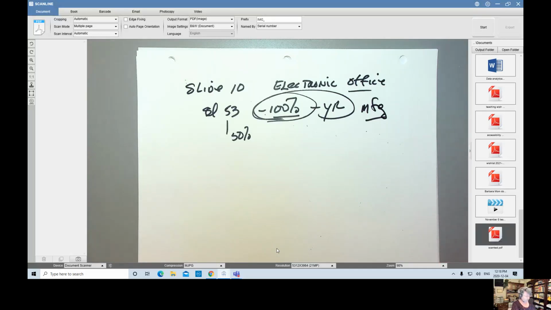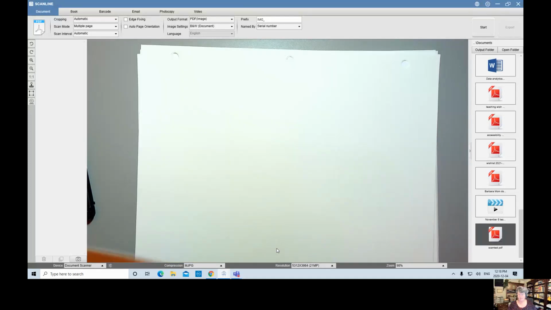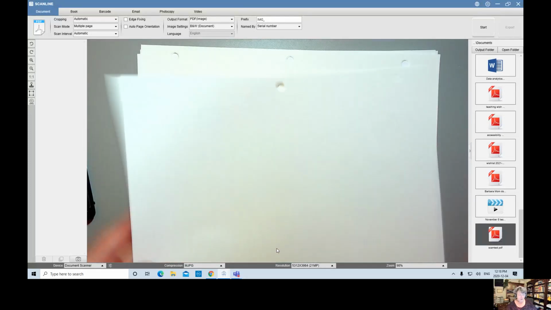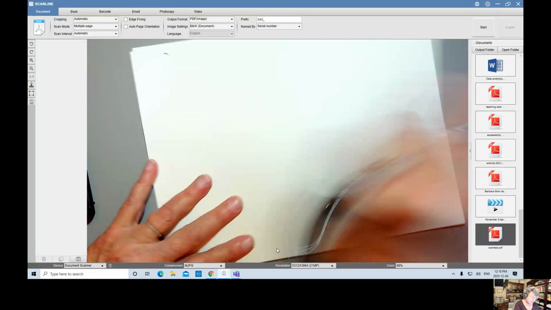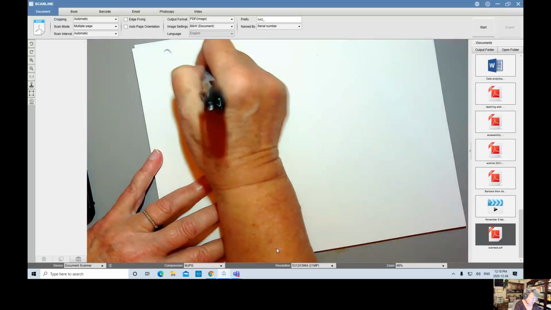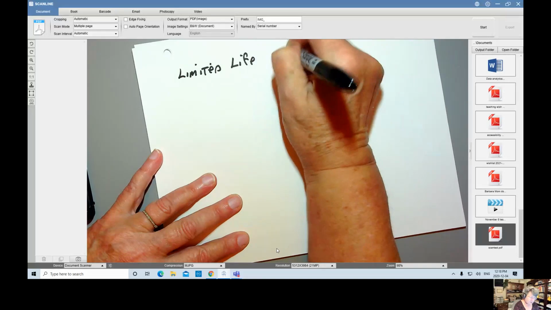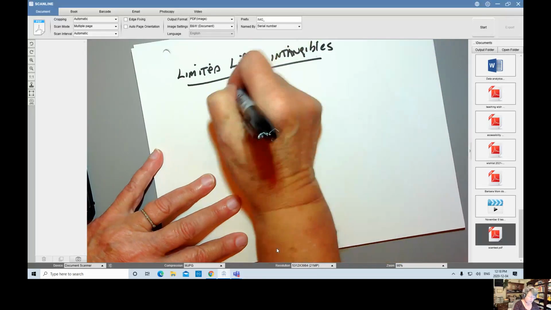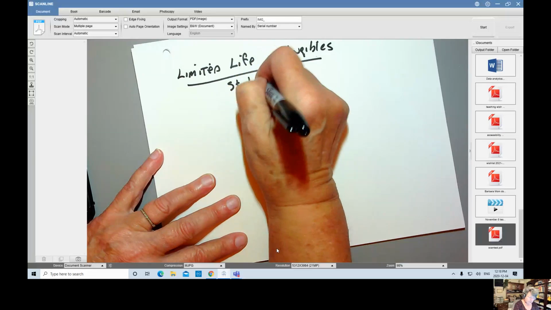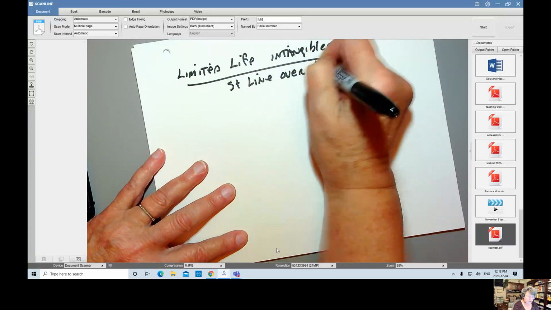Now, intangible, unlimited life. So you've got two types of intangibles. You've got limited life intangibles. And that's a straight line calculation over the number of months.